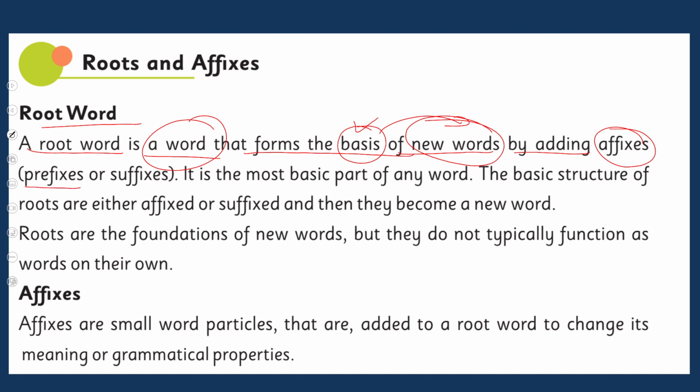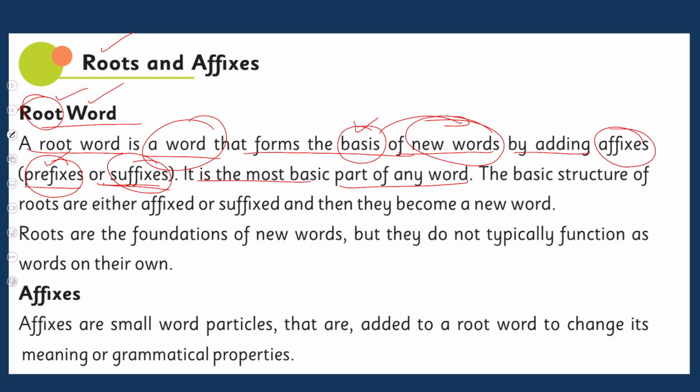They are prefixes or suffixes. Prefixes are a group of letters that are added before the root word, at the beginning, and suffixes are a group of letters that are added at the end of the root word. So collectively we call them affixes. It is the most basic part of any word. So the most basic part of any word is the root word.